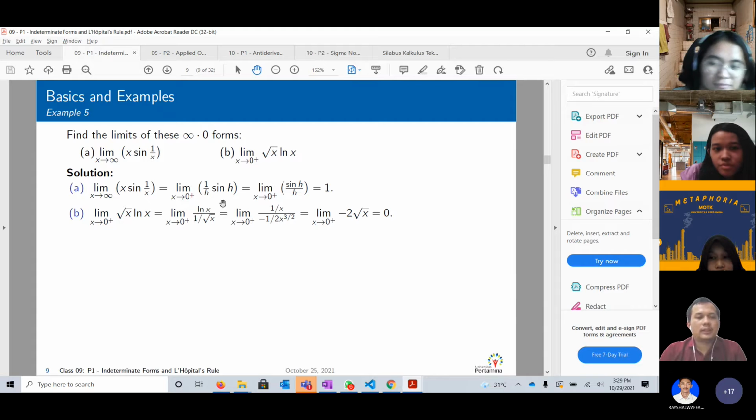So in this case, we change x into 1 over h, and 1 over x to be h. If x goes to infinity, then h, or 1 over x, is going to 0 from the right.